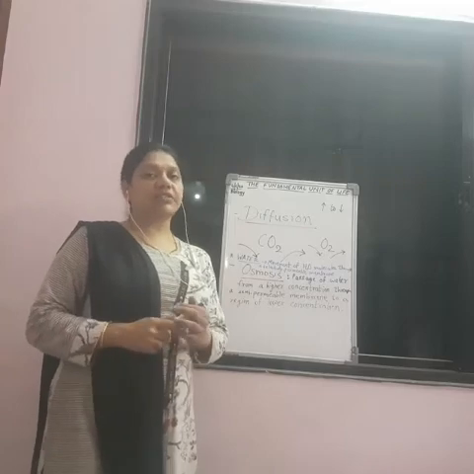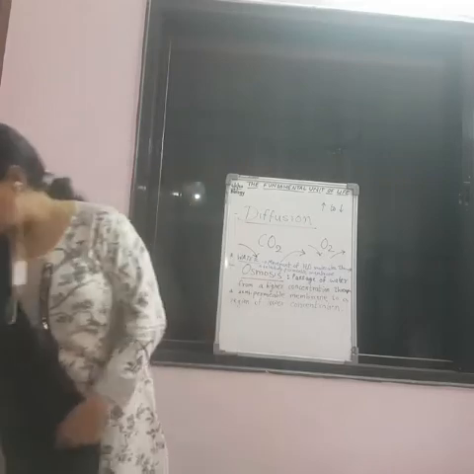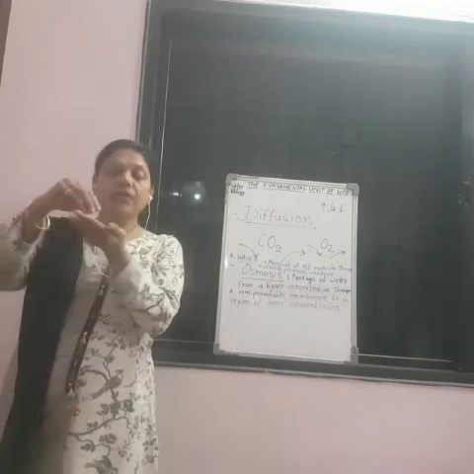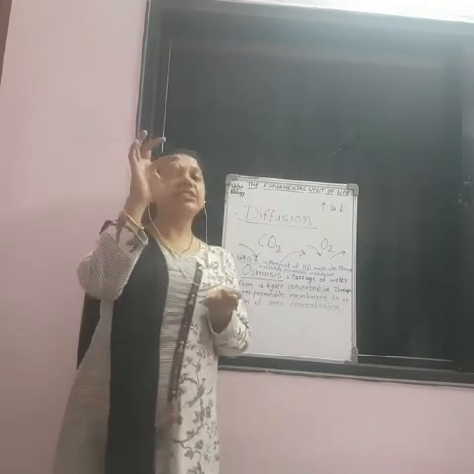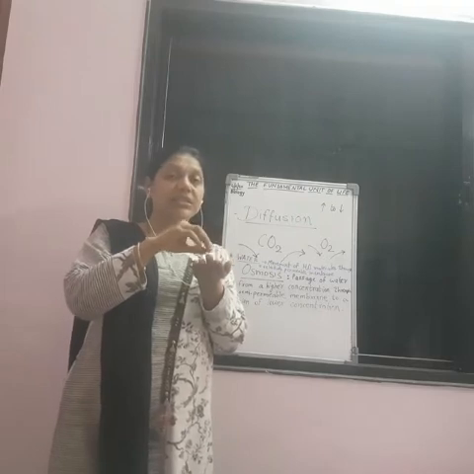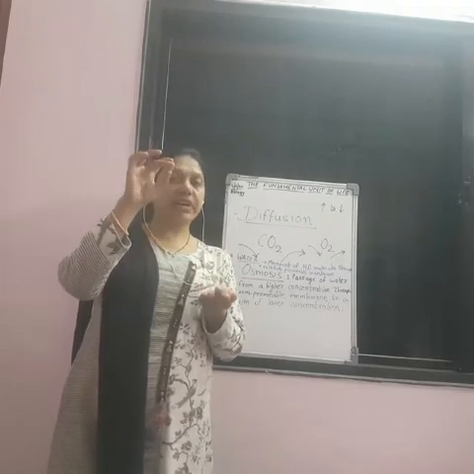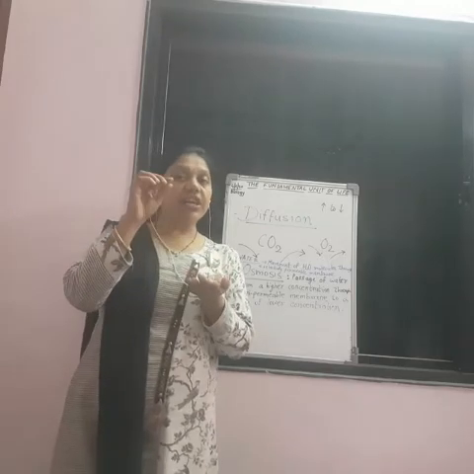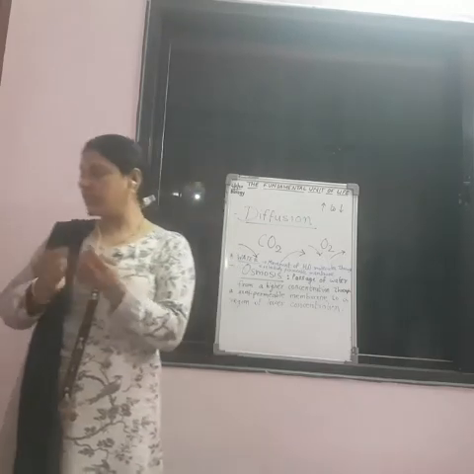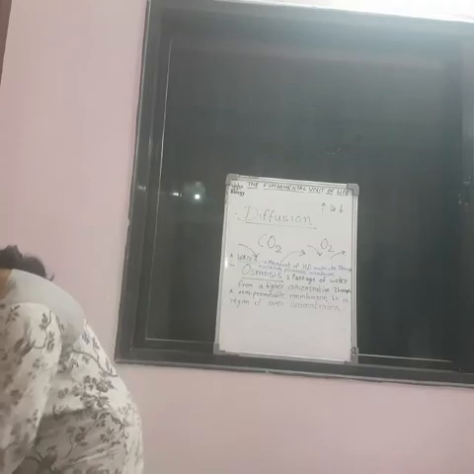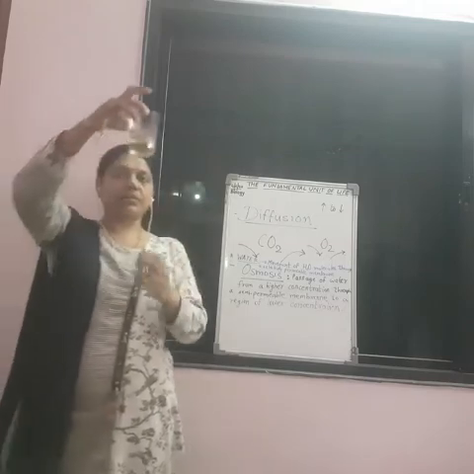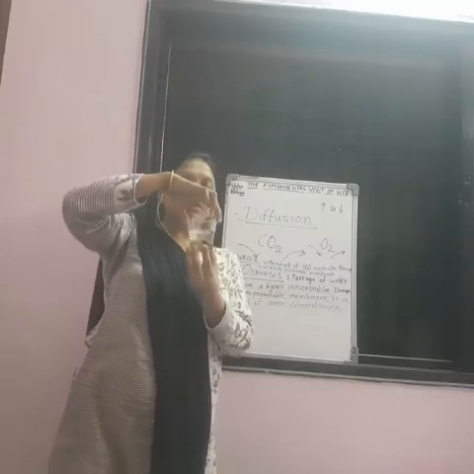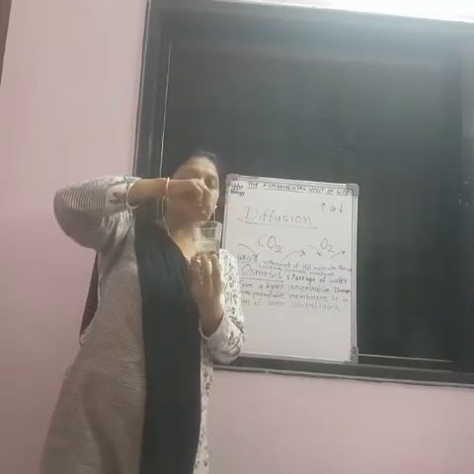I have got an activity for you. I have just selected some raisins. Now, these raisins are the ones which are dried, so they are shrunk. Now, when I have taken these shrunk raisins and put them in a solution of water, when I put them in water, they swell.